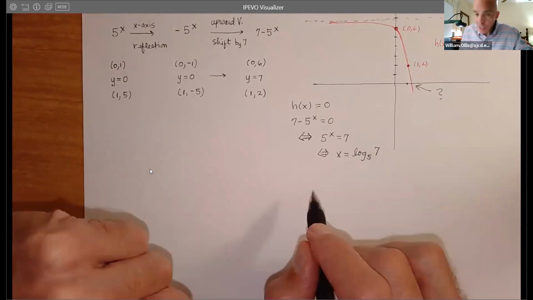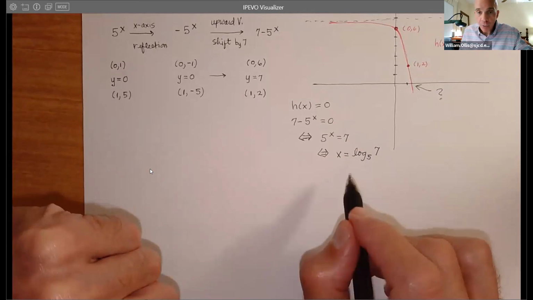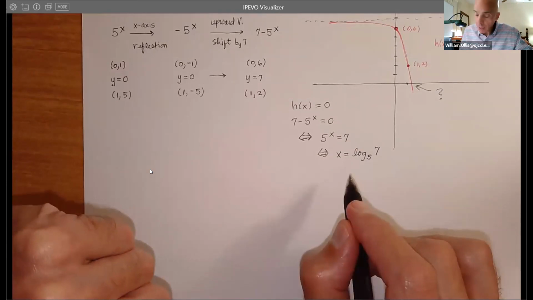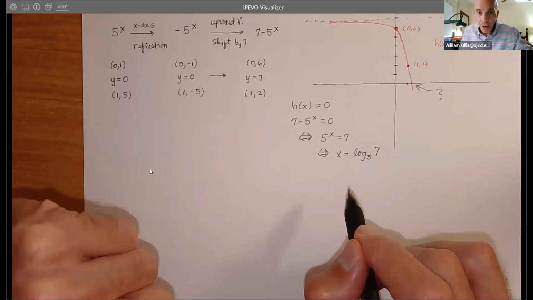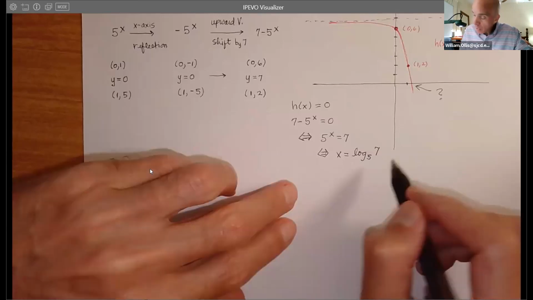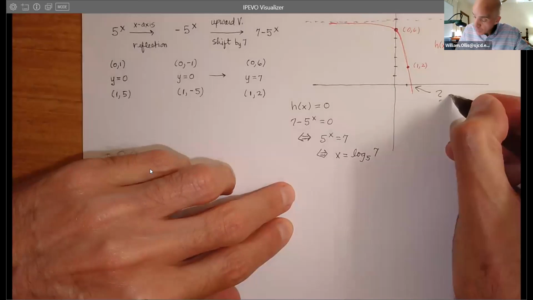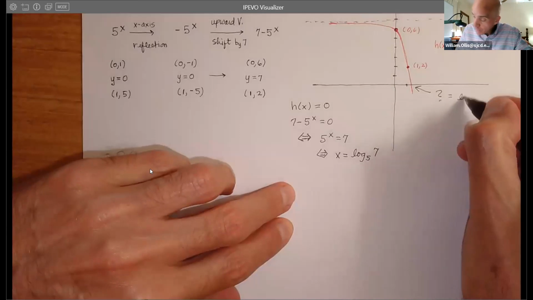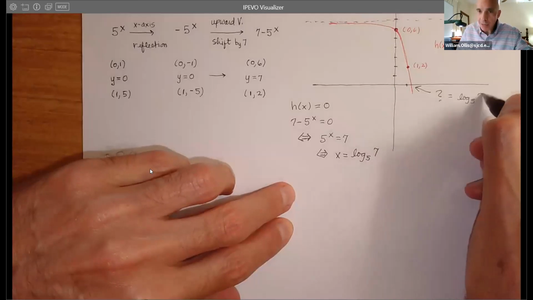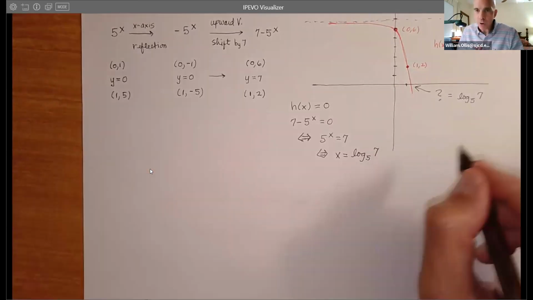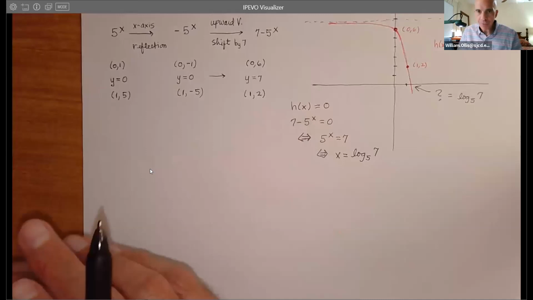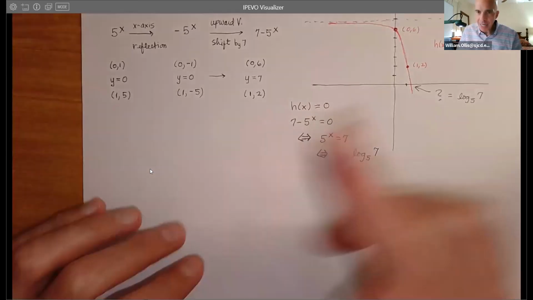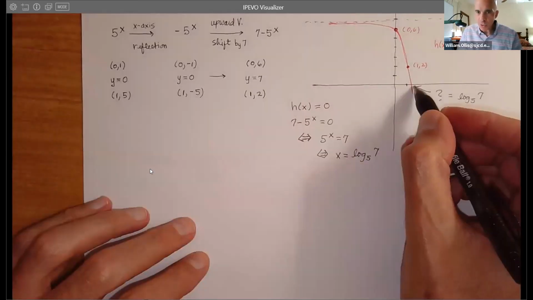But we would anticipate that the logarithm would be closer to 1. And so, of course, we could use our Google calculator to get a nice approximation. Or we can just say, we know what this is now. This is base 5 logarithm of 7. So that's just kind of a highlight of where we're going. So if you remember this, fine. If not, I'll say more about this. So that would give us the intercept here, the x-intercept.